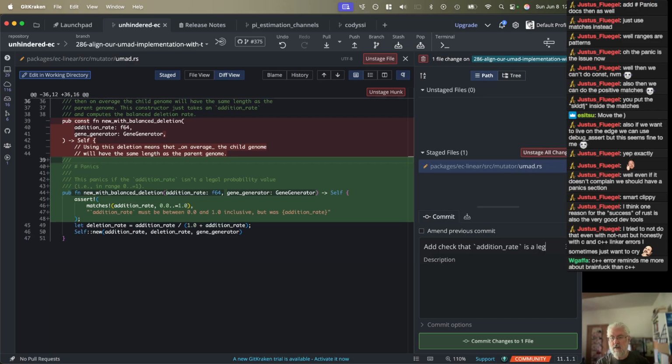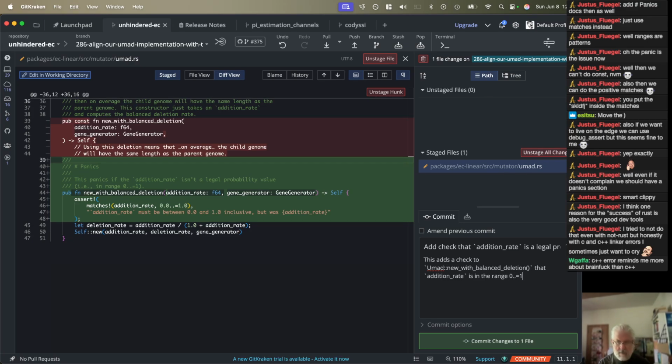Is a legal probability value. In UMAD, new with balanced deletion. So this adds a check that addition rate is in the range 0 to 1 inclusive.